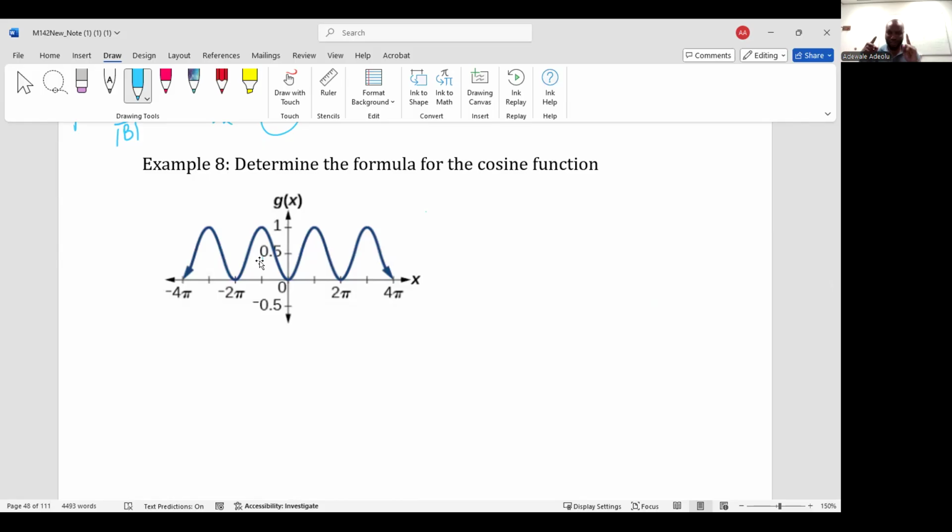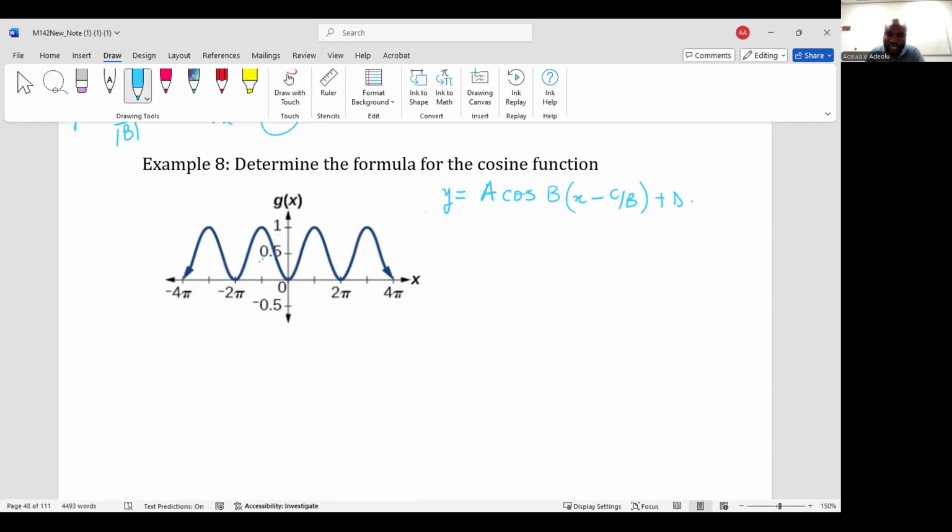We just need one thing, and that is, remember, the formula is A cosine B into X minus C over B. Always remind yourself what all these things mean. Now let us find A, let us find B, let us find C over B, let us find D.